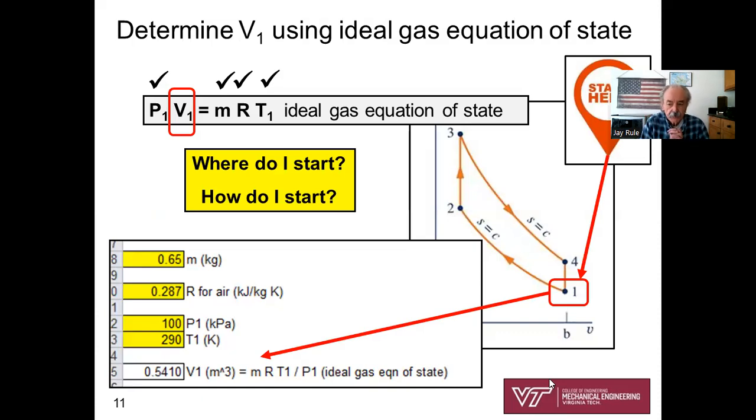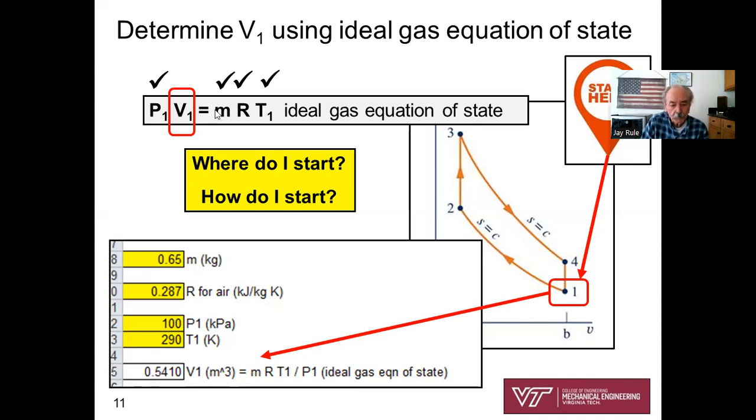Many students get confused. This is a complex problem, okay? Many students say, I don't know where to start. And the professors say, well, you just look at the given data and you'll figure out where to start. And that is true. You're going to scratch your head, look at all the given data, and you will discover what's given. Well, let's see.